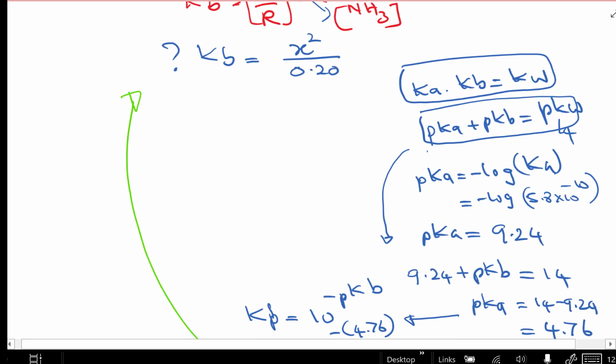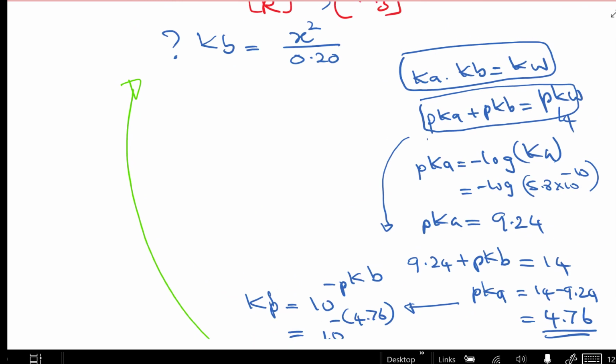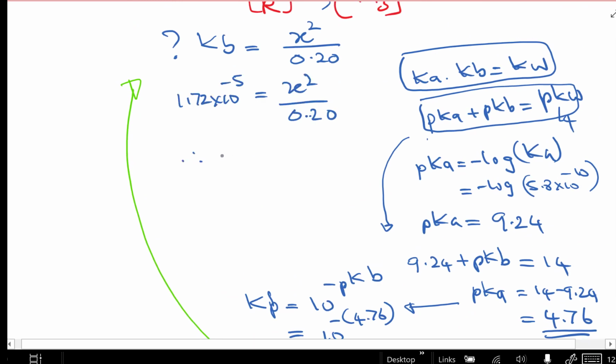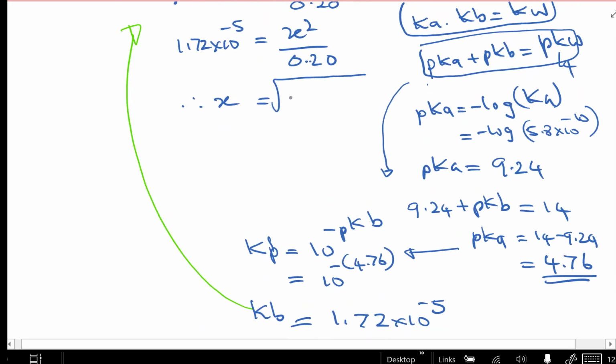The Kb value, because we had the OH minus on the product side, that's the reason we write it this way. So you plug in x squared over molarity, take the root to get the x, and yes, so you plug in here 0.2 times 1.72 times 10 to the minus 5, root of the whole thing, within brackets, and your x is 0.0018 molar.